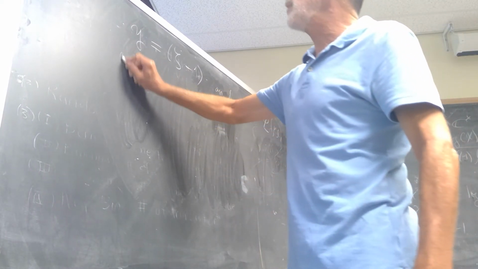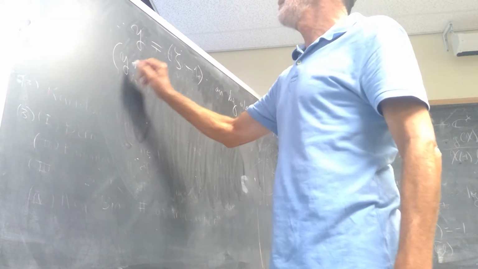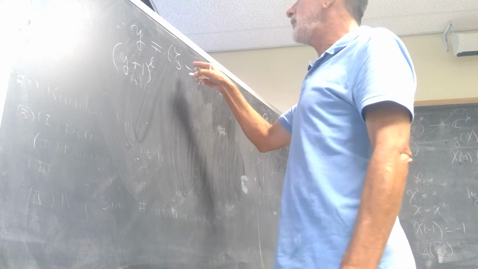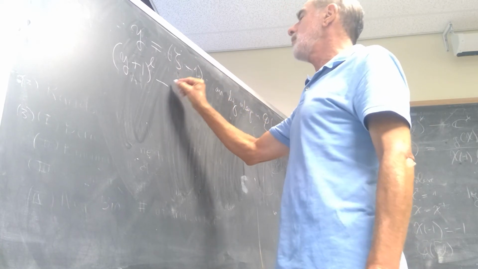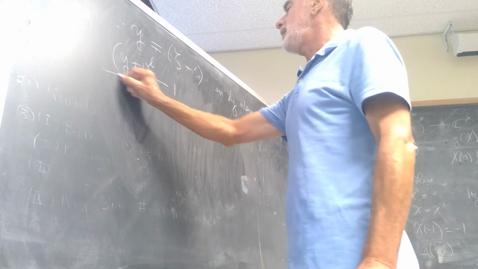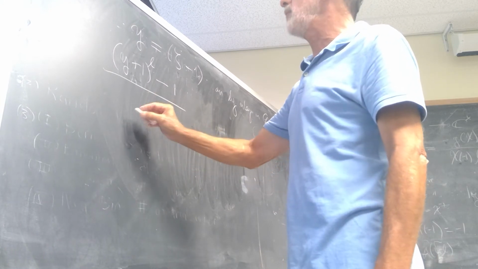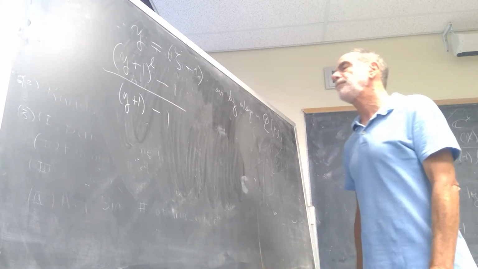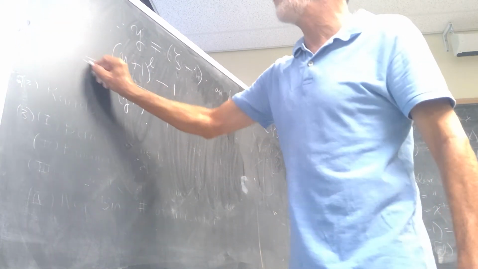Well, if I take (y plus 1) to the L, that's zeta to the L, so that's 1. So (y plus 1) to the L minus 1 is equal to 0, but it's also divisible by (y plus 1) minus 1. This has got to be equal to 0.